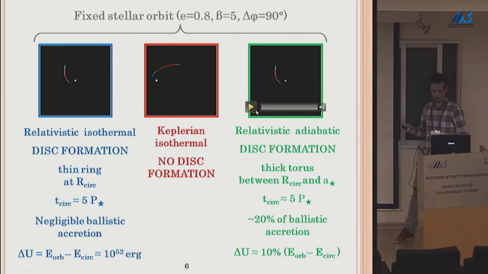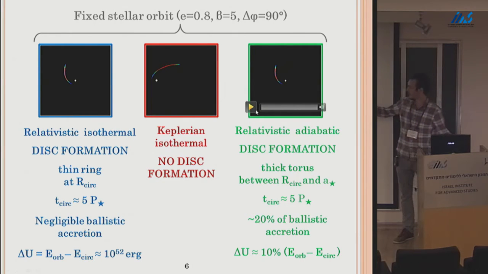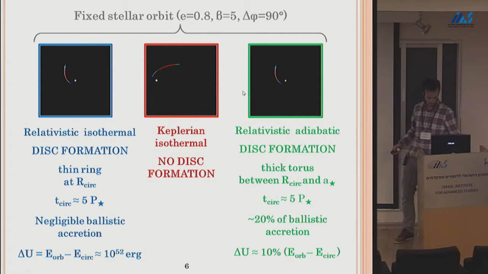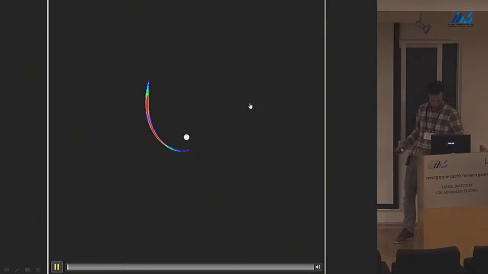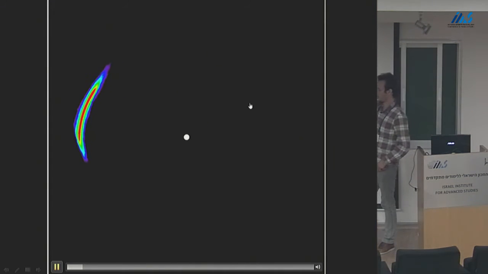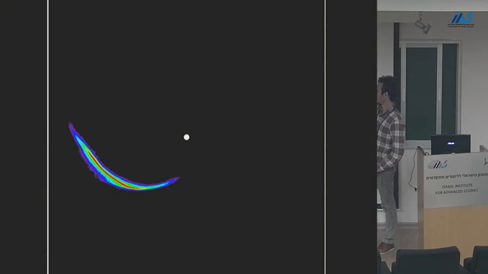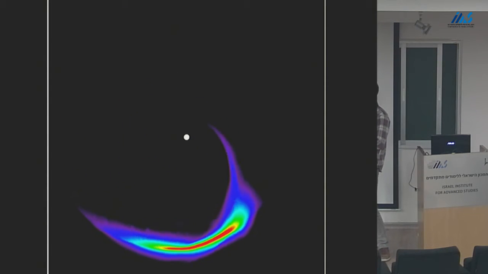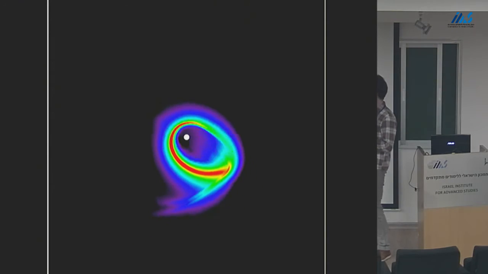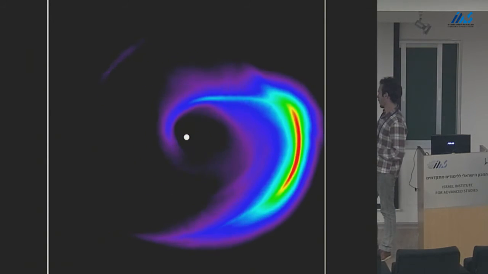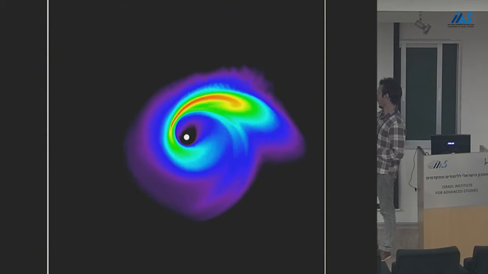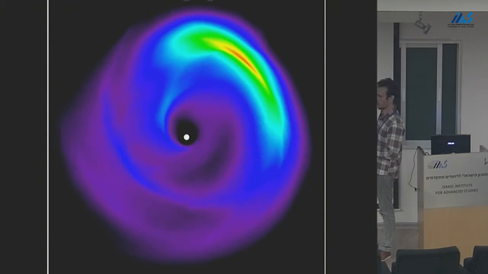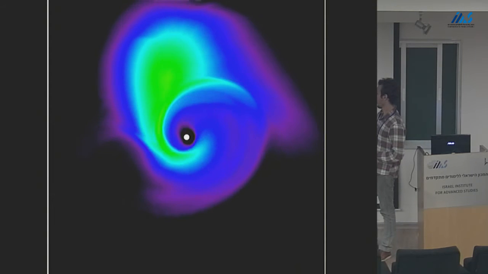And now, if I change the cooling efficiency to inefficient cooling. Initially, what happens is similar to the previous case, but when the shock occurs due to self-intersection of the stream, the thermal energy, instead of being radiated away as before, is kept inside the gas, which leads to the formation of this thick and extended torus instead of a thin ring in the case of an efficient cooling.